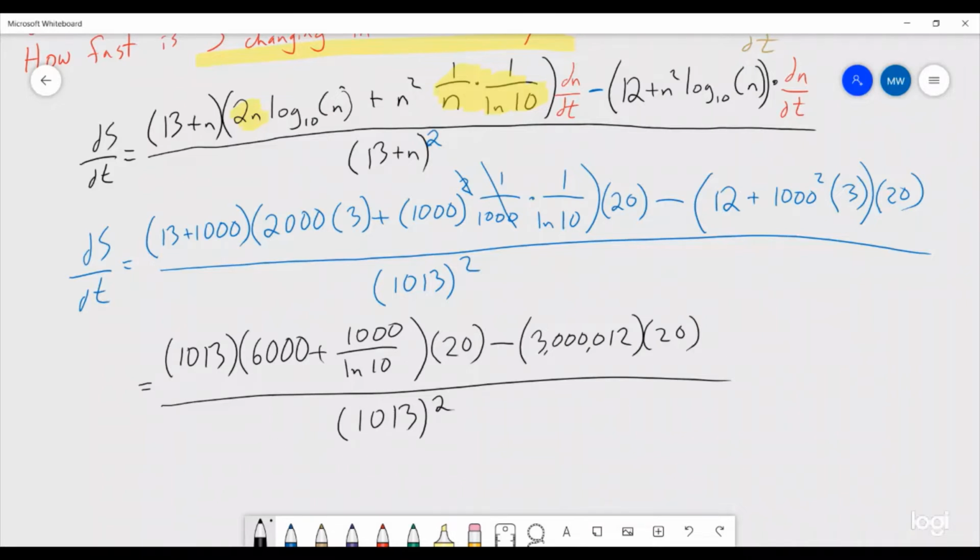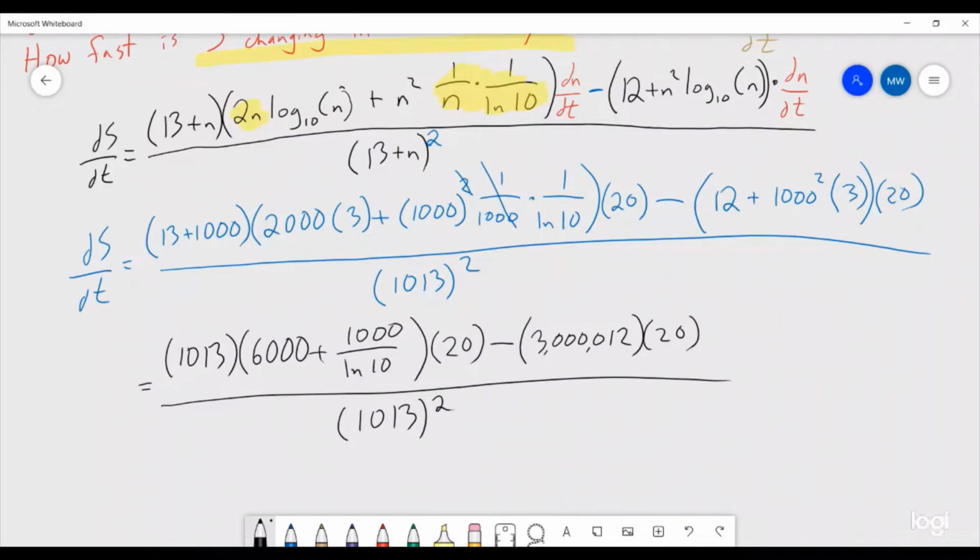I'm just going to pull out my calculator and type this in and see what that would be about. So we have 1013 times 6,000 plus 1,000 divided by the natural log of 10, and then that's times 20, minus 3,012 times 20.